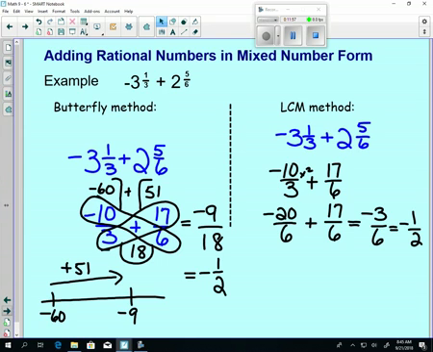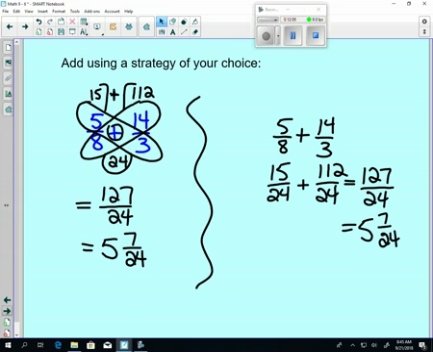And there it is. I've done it neatly on the next page, so you can see here's your butterfly method. There's your LCM. You can use whatever strategy you want. Here we have 5/8 plus 14 over 3.